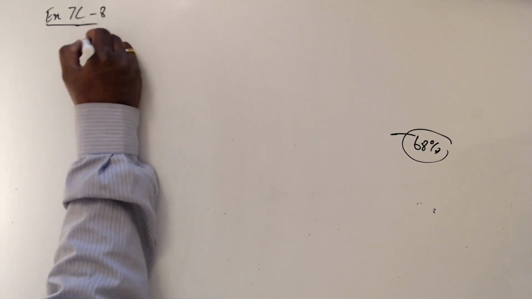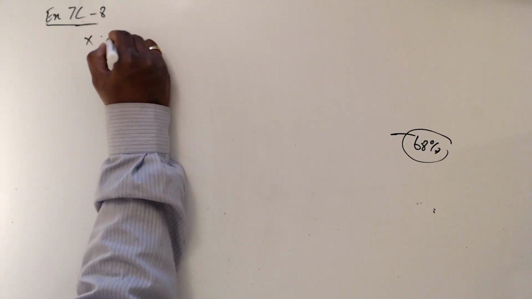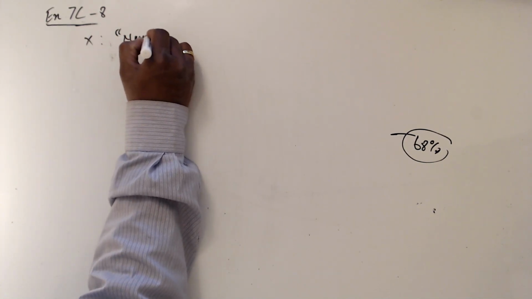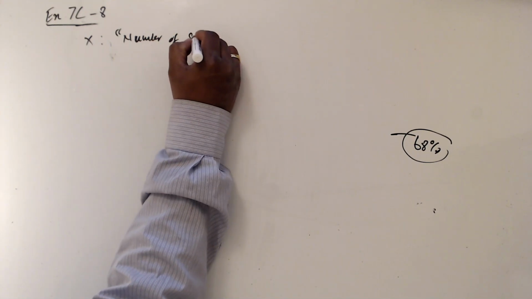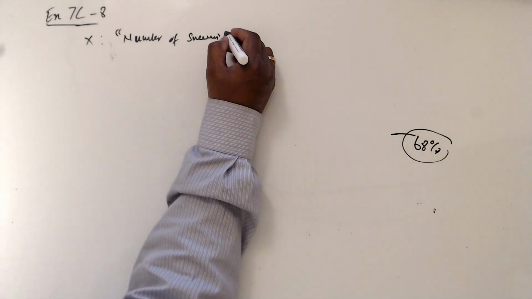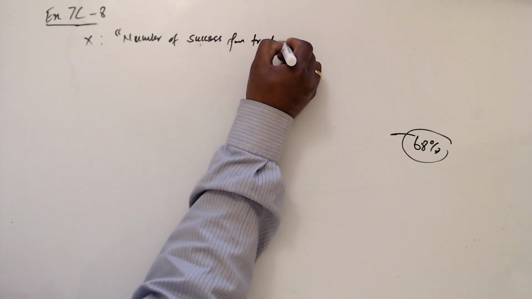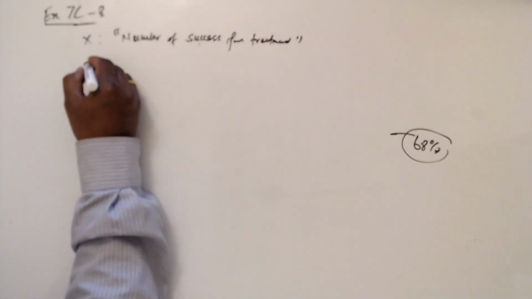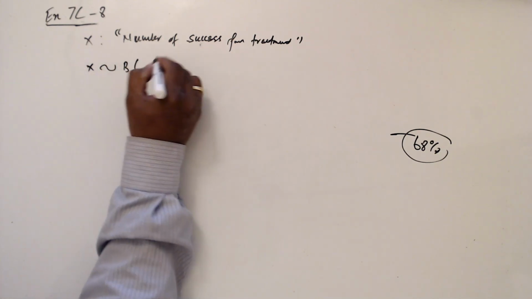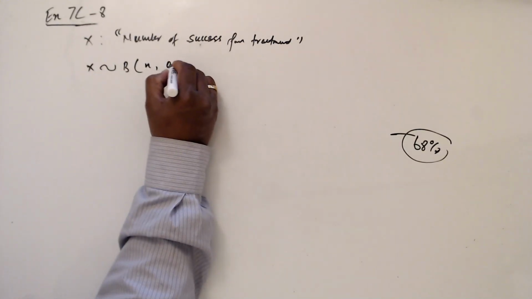X is the number of successes for treatment, and X follows binomial n, 0.68.